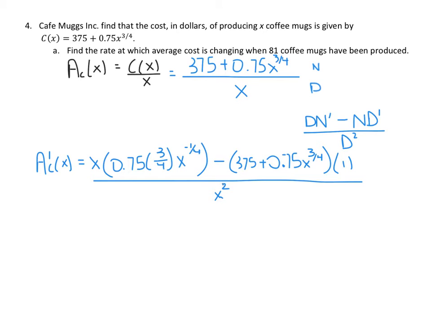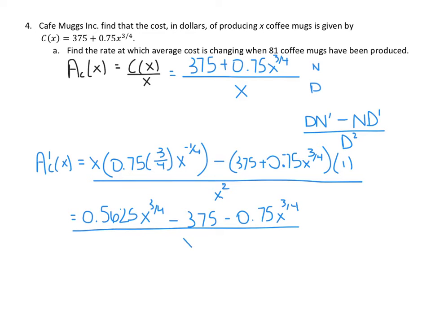Okay, now we want to simplify this. So we have a 0.75 times 3/4, which gives us a 0.5625. And then x times x to the negative 1/4 leaves us with x to the 3/4. Minus, distributing the negative sign through, and then that's all over x squared.